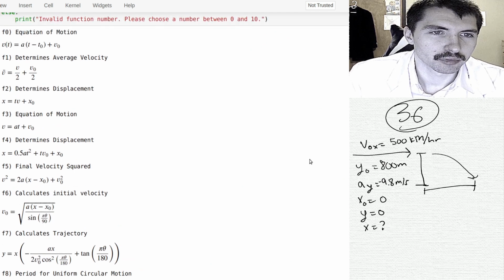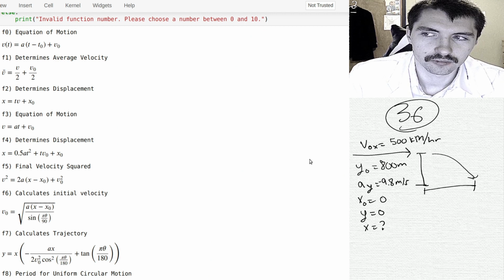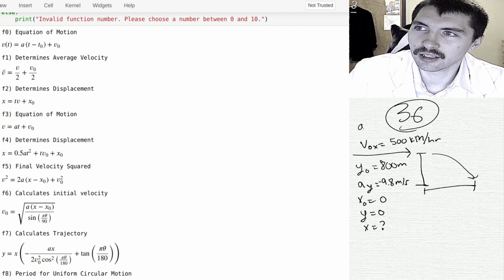So what can we use? We want to find x. It's not getting accelerated in the x direction, so we could find t. So ax is 0.